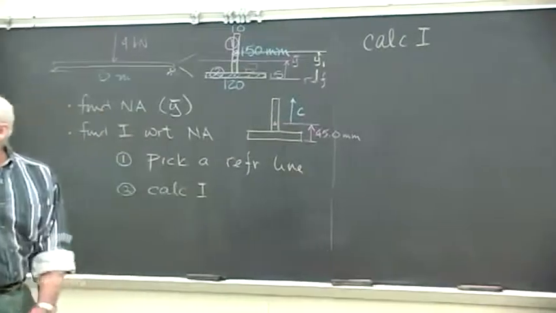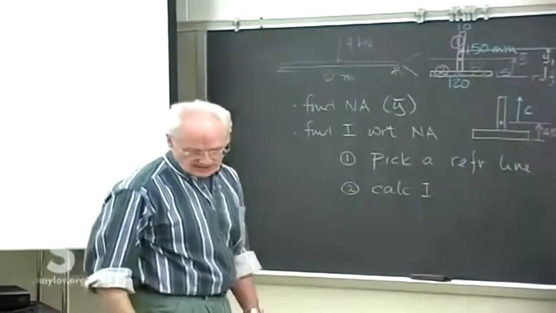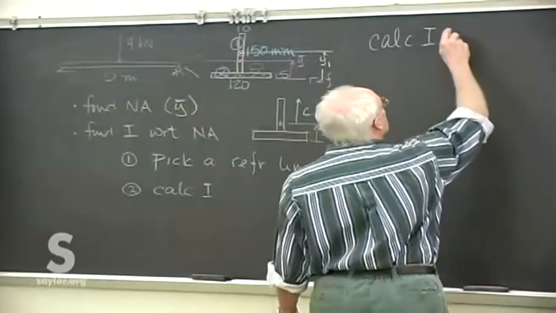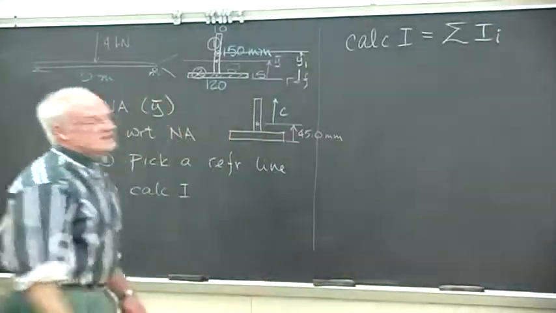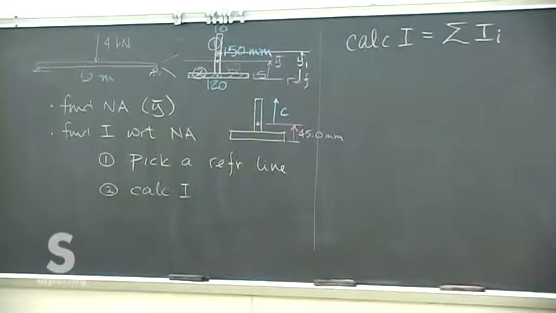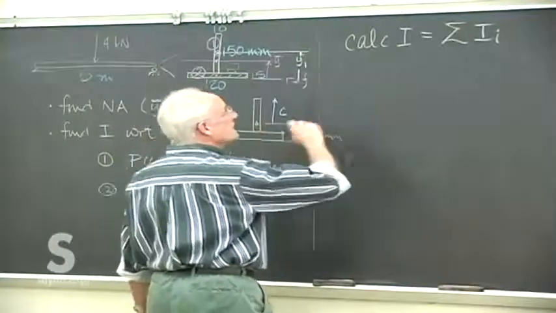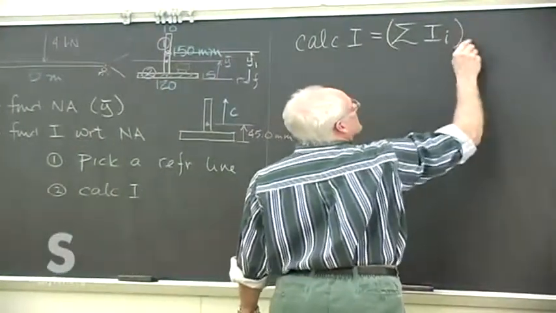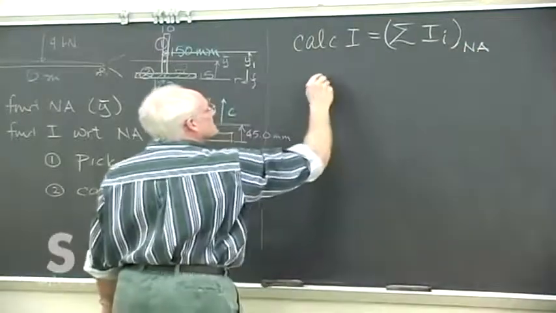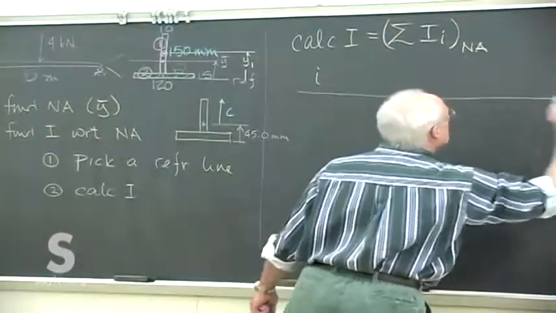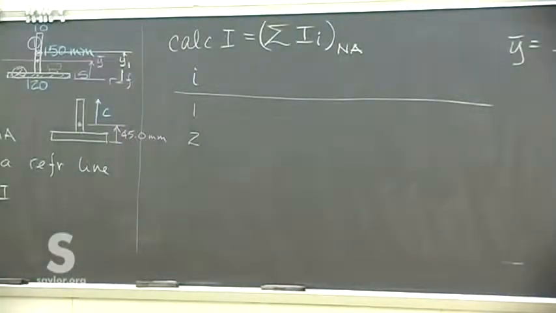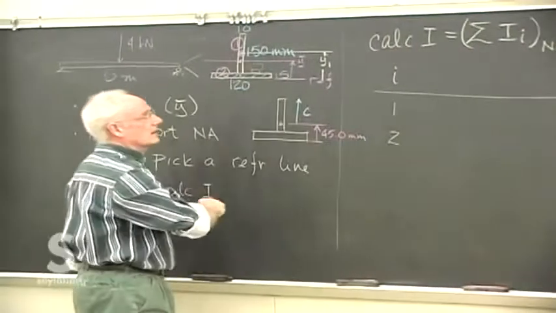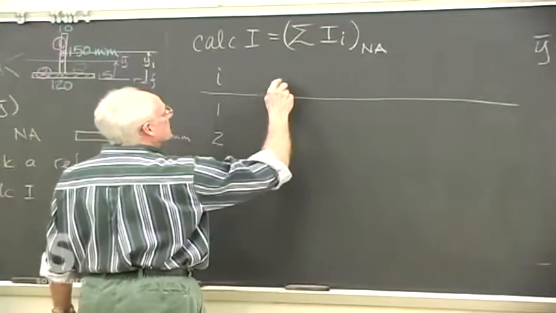Okay. It's pretty easy to do that in the same way using the same kind of table that we used before. When we have a compound solid, it's the sum of the moments of inertia with respect to the neutral axis. So we make a table again. The thing is now, we're going to have to use the parallel axis theorem because none of these pieces are lying with their centroids right on the neutral axis.